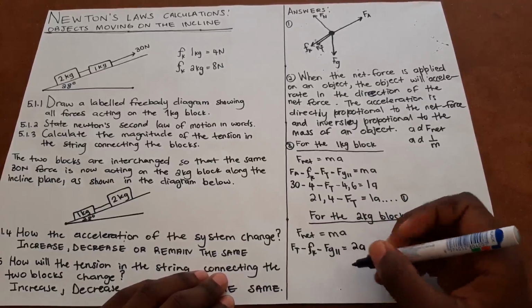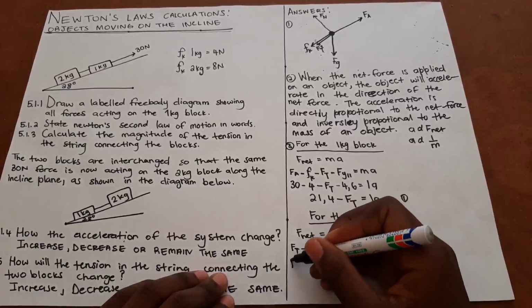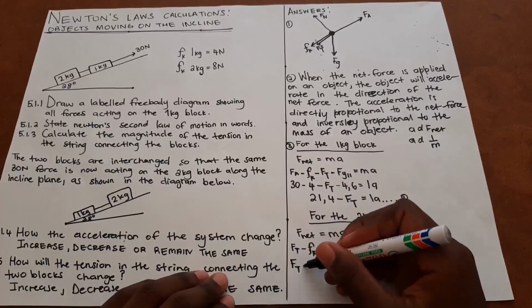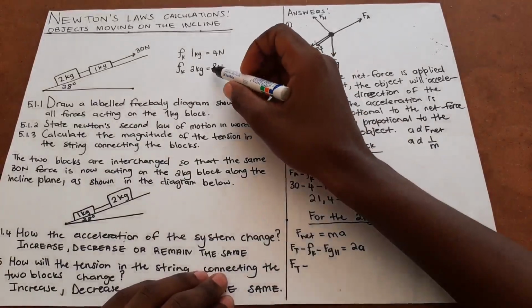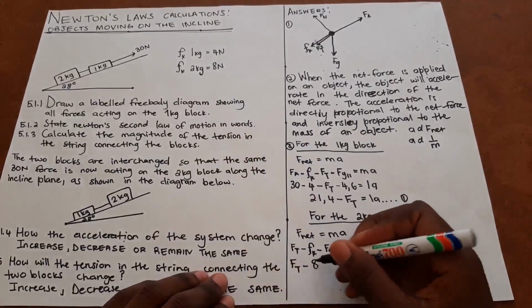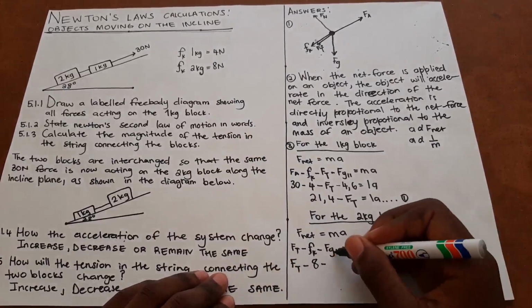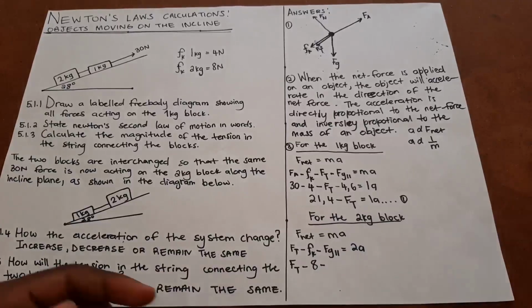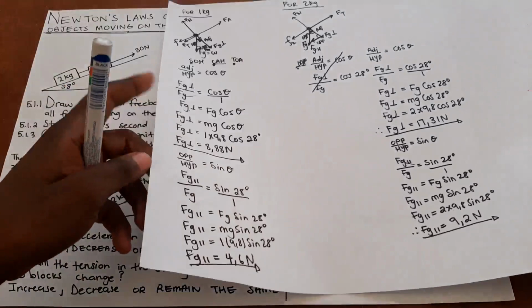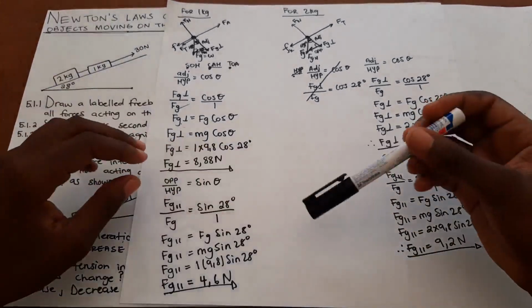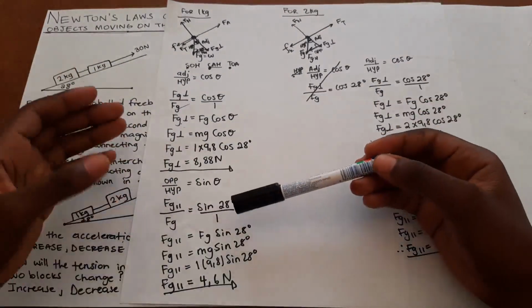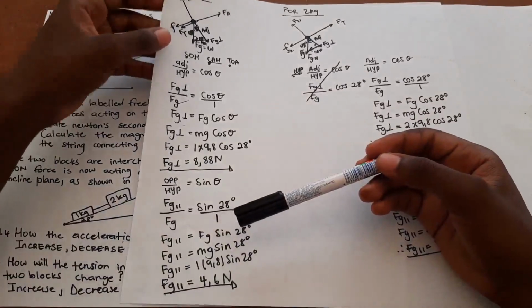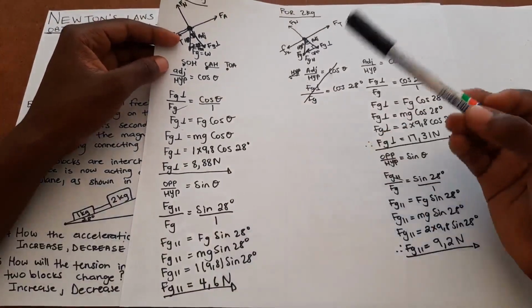2 multiplied by A. What's our tension force? We don't know, we're looking for it. Minus what's our kinetic frictional force for the 2 kg block? It's 8 newtons, minus Fg parallel acting on the 2 kg block. I think you can see the importance of first finding the components, the horizontal and vertical components, our gravitational perpendicular component and our gravitational parallel component.